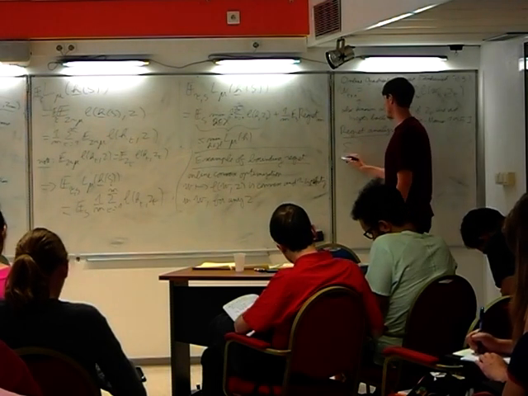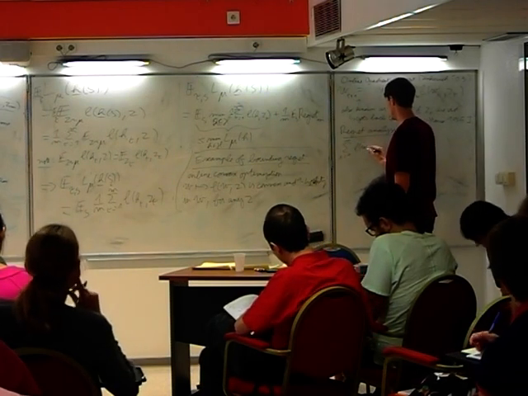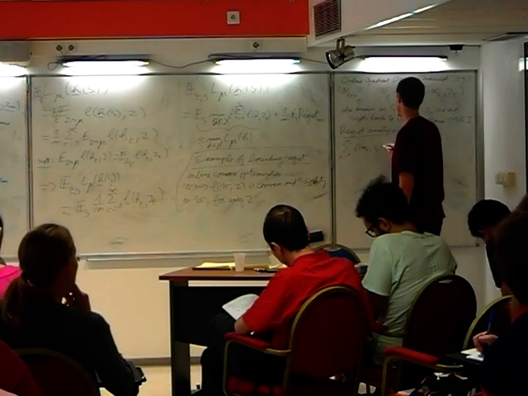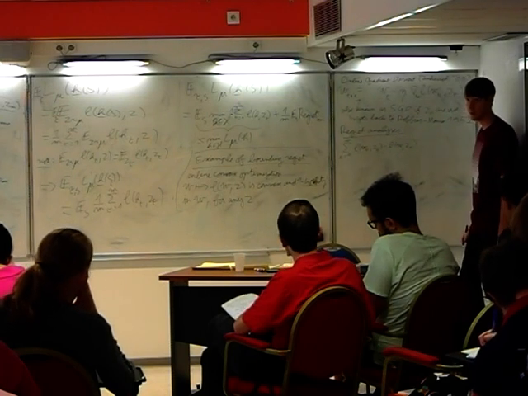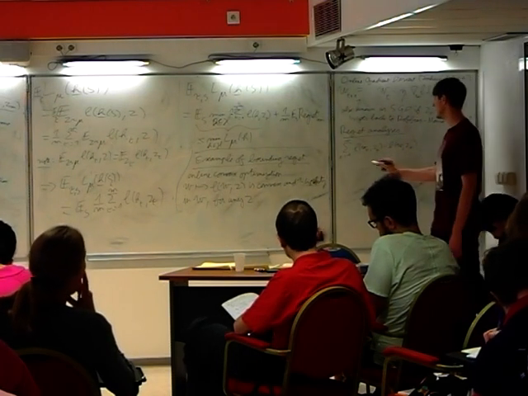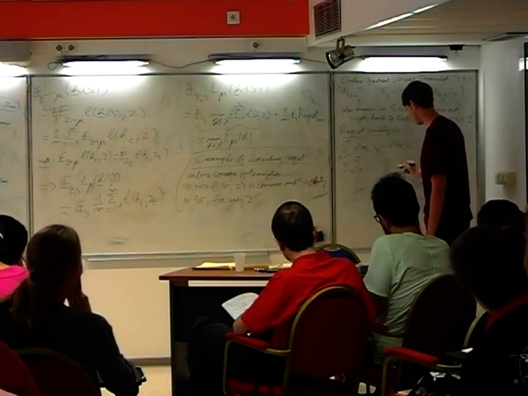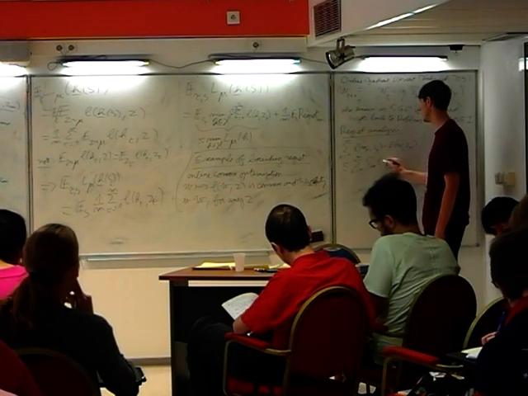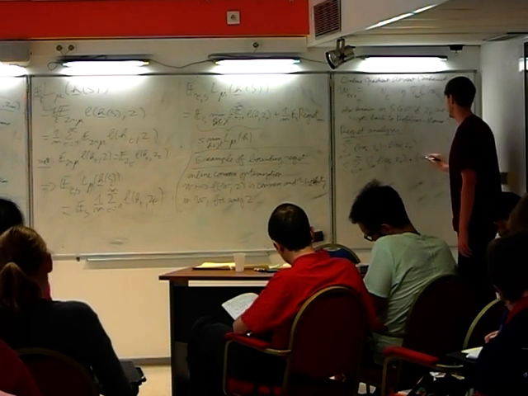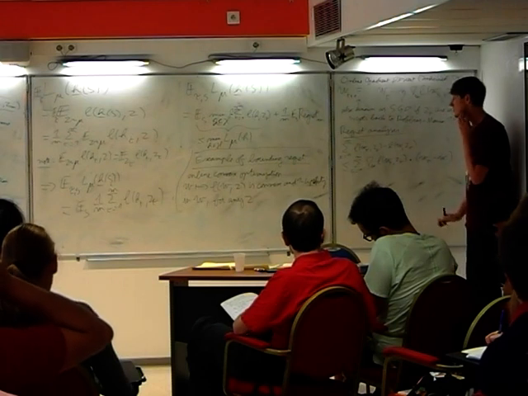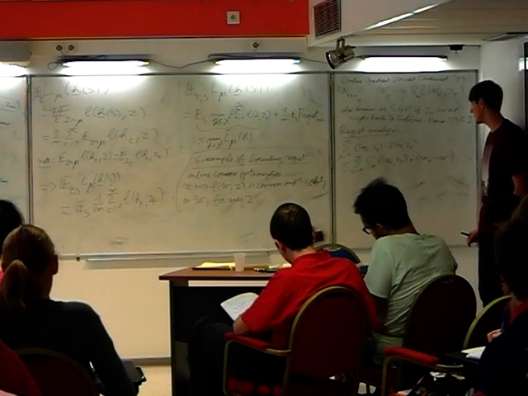We care about the sum for t equals 1 to m of L of WT, ZT minus L of W, ZT for some W. By convexity, this is upper bounded by the sum for t equals 1 to m of the gradient with respect to W of L at WT, ZT, inner product with WT minus W. This is just the definition of convexity. A convex function is above its tangent.